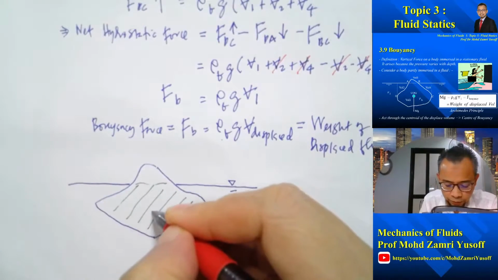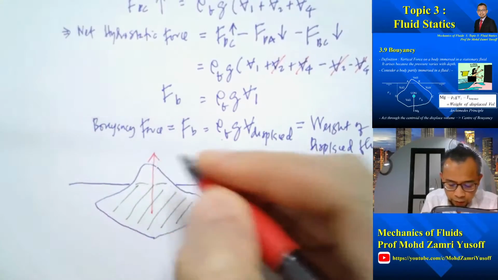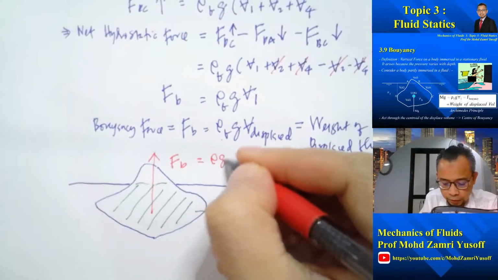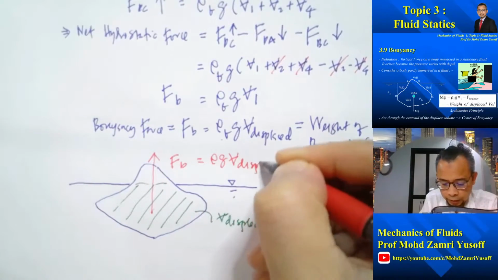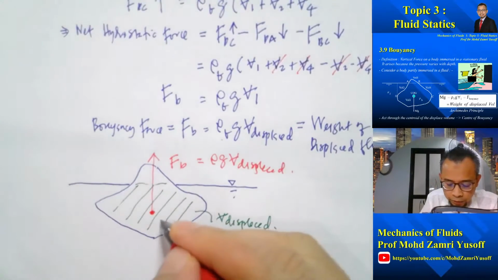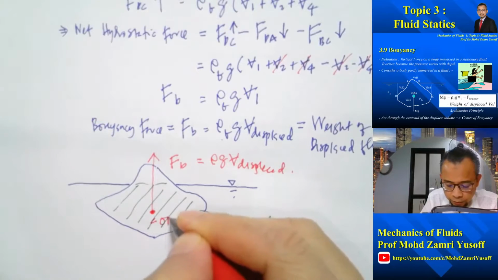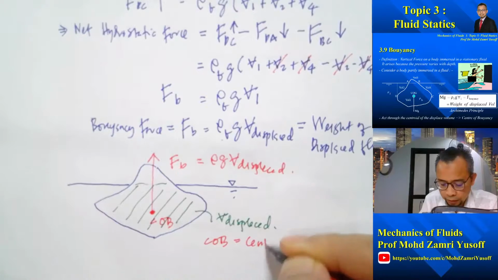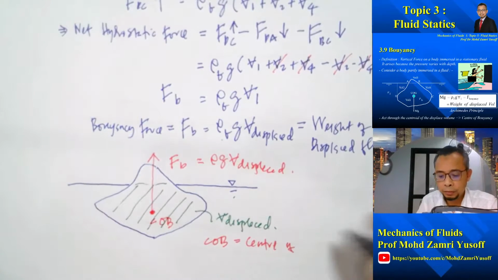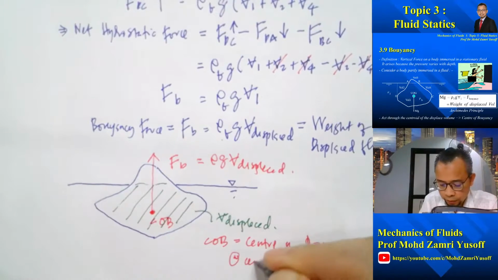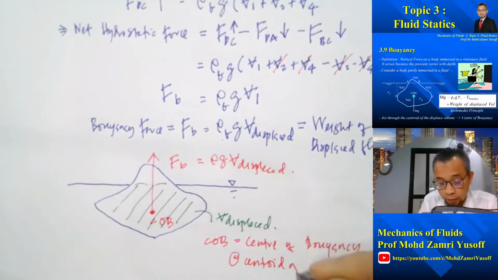The buoyancy force will be acting upward, and that will be equal to rho g V_displaced, and will be acting through a point which is called the COB. COB is equal to center of buoyancy, which is at the centroid of the displaced volume.